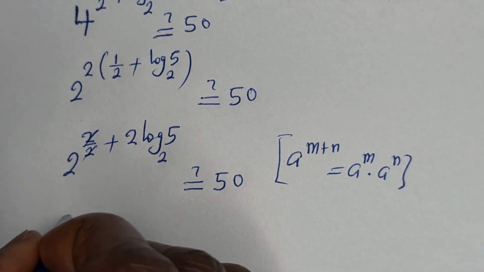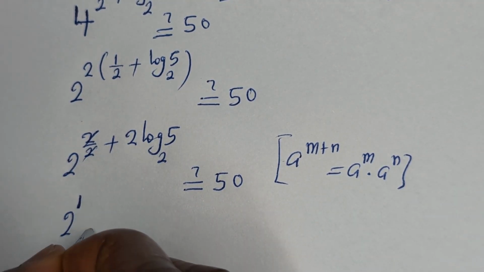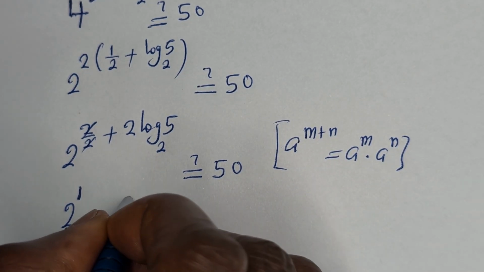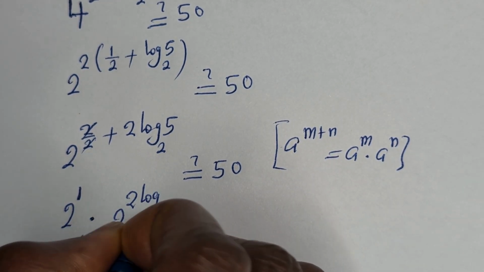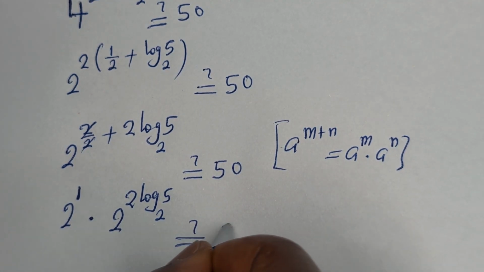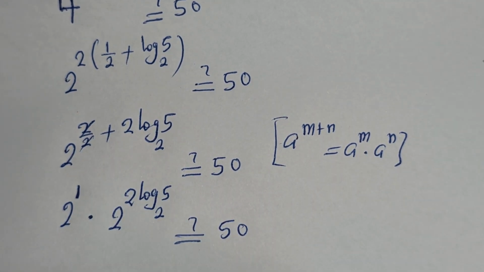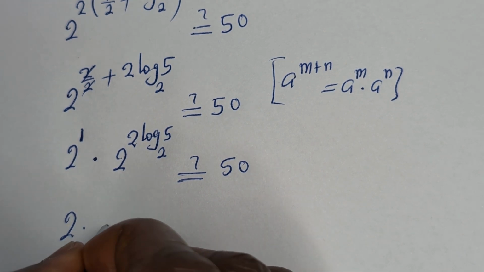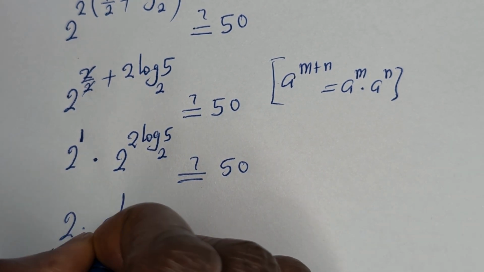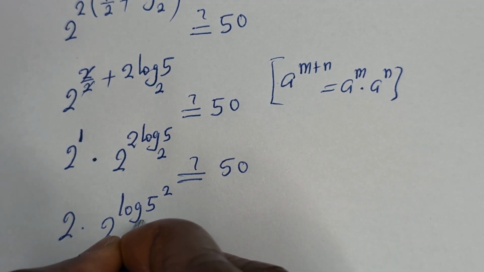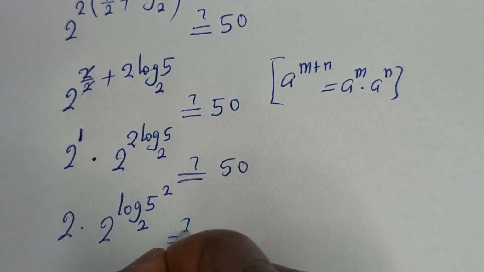Then here we have 2 raised to power 1 multiplied by 2 raised to power 2 log 5 base 2 must be equal to 50. And this is 2 multiplied by 2 raised to power, this can be written as log 5 square base 2, must be equal to 50.